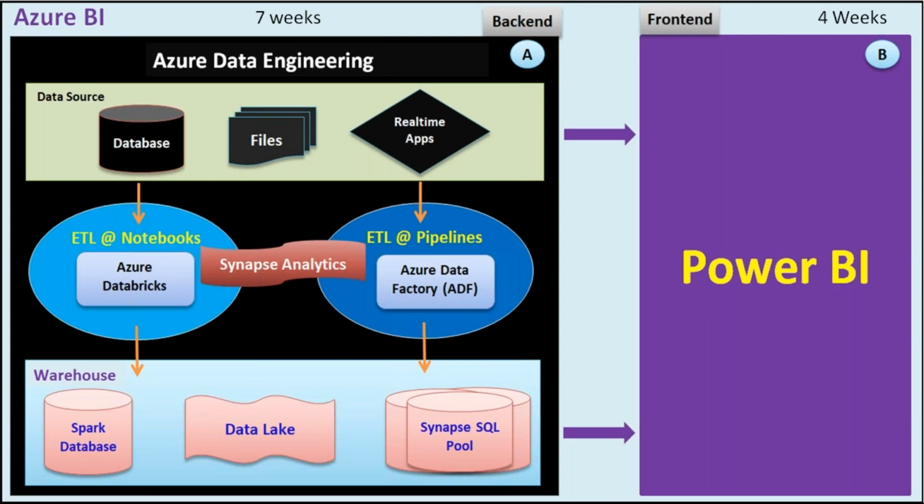They are good friends. We'll see how they are going to gel together with something called Synapse, Data Lake. I repeat again, first point, open source ETL Databricks, open source warehouse, Spark database. Using those 2 components, Databricks and Spark database, we can build data engineering projects.